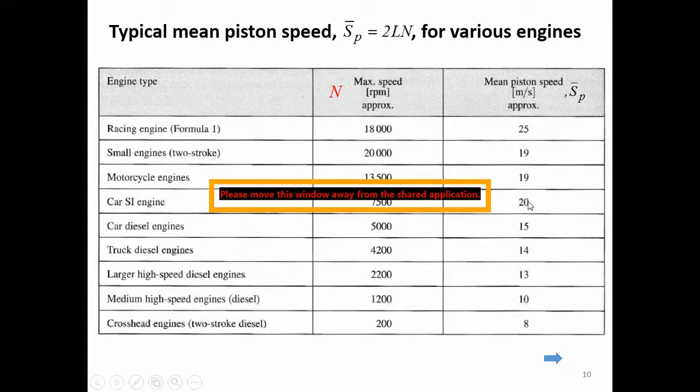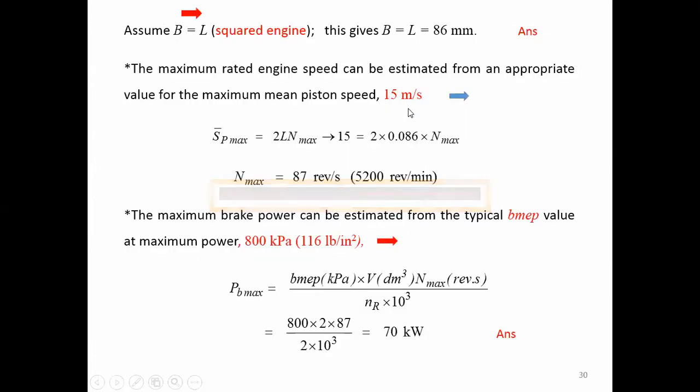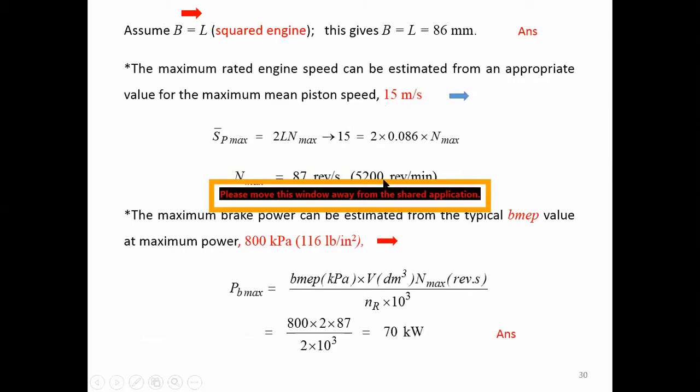So we can choose 20 or below this if we want our speed not to go higher than 7,500 RPM. So in here they choose 15 meters per second. You can choose 20 and then check whether your maximum speed goes higher than 7,500 RPM or not. Understand?